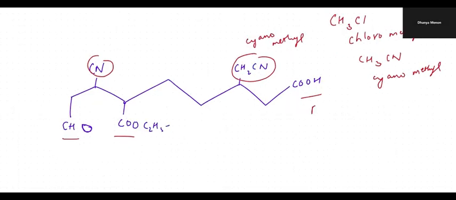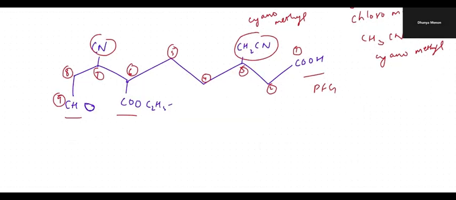So this is 1, 2, 3, 4, 5, 6, 7, 8. We may or may not number the aldehyde. By now, you know, if you number it, you write oxo. Okay.